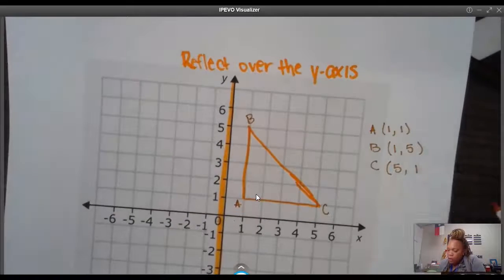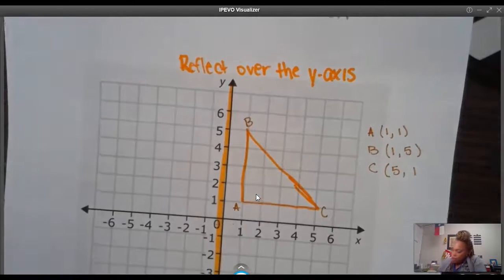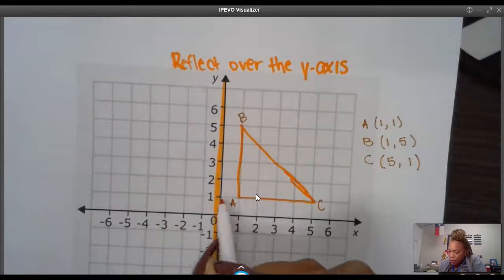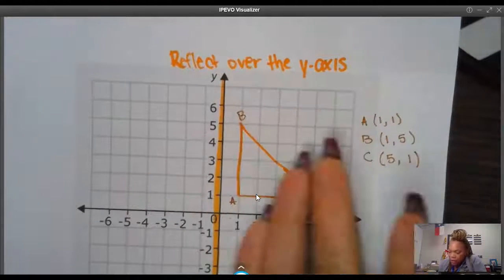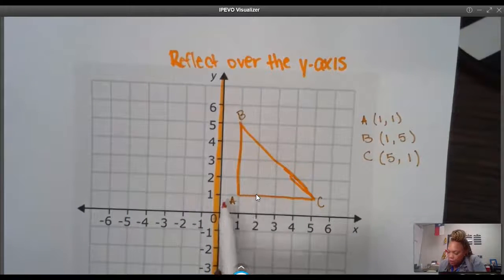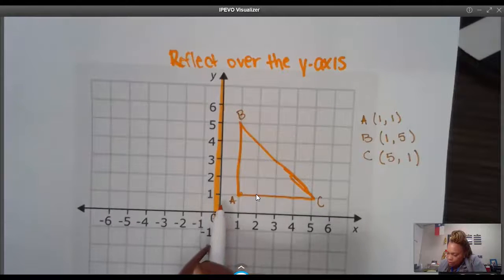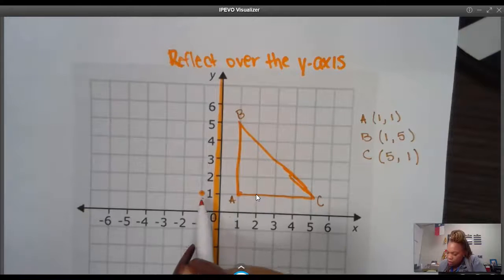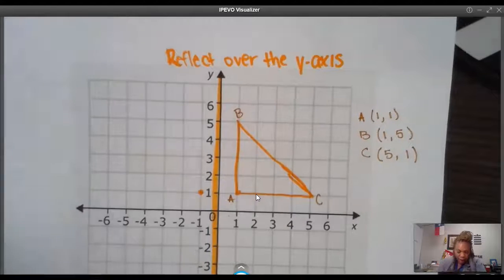So in order to do this, because I don't have an actual mirror, I'm going to count equal distance away from the line of reflection to make sure this image is here. So for instance, the point A is only 1 point away from the y-axis, and it still remains a 1 on the x-axis, but it goes on the other side. So here. So the y is at 1 here, the y is 1 on this side. So this will be A prime.